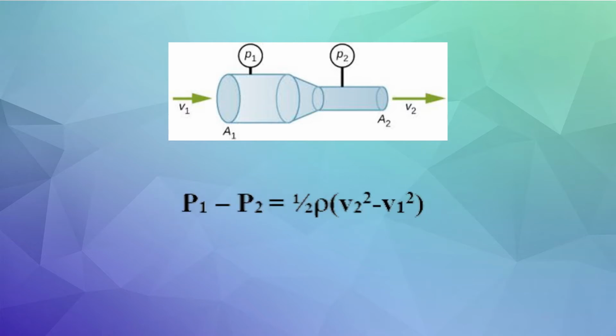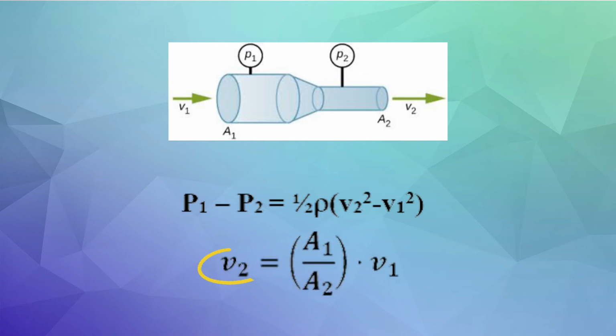But in order to do this, you also need to know the equation that is called the continuity equation, also known as conservation of mass formula, which states that the mass flow rate is equal to the product of the fluid density and the pipe cross-sectional area. With this equation, we can rearrange it in such a way that we can solve for the velocity at point 2 and plug that velocity back into Bernoulli's equation to solve for the change in pressure.